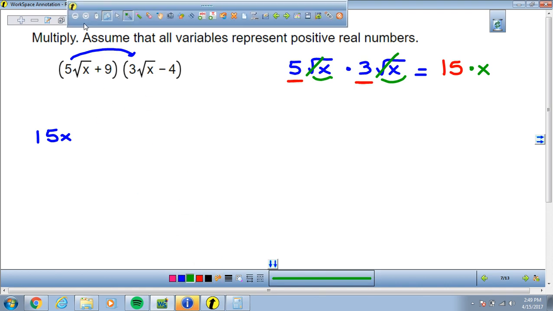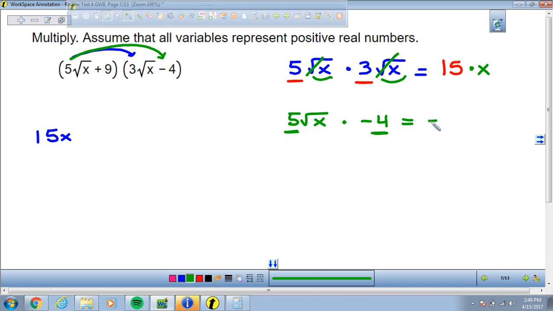Then we do 5 square root of x times a negative 4. Be careful here, because the negative 4 doesn't have a radical. So the only thing you can do is multiply the 5 times the negative 4, which is negative 20, and just rewrite the square root of x.